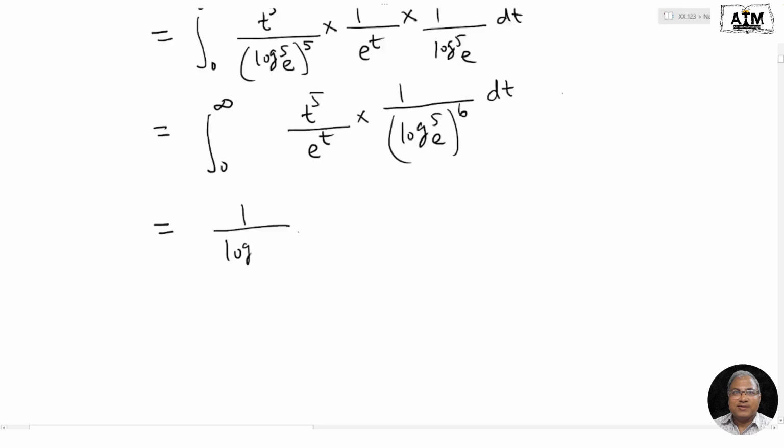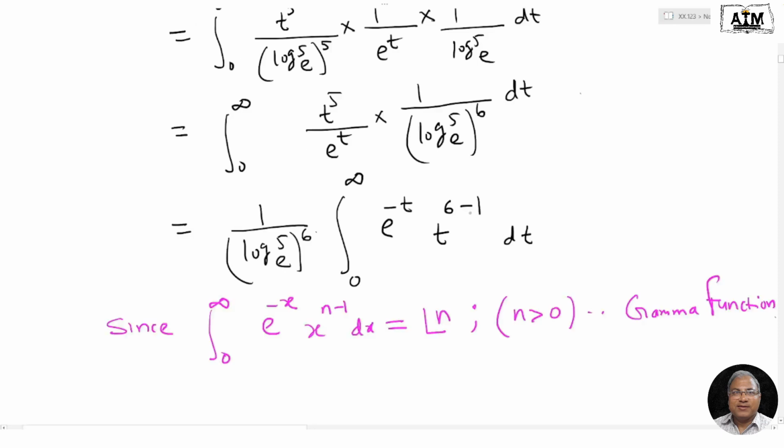1 upon (log 5 to the base e) whole raised to 6 is taken out of the integration. Now 1 upon e raised to t can be written as e raised to minus t, and t raised to 5 can be written as t raised to 6 minus 1, dt. Why have I done this? Can you guess?